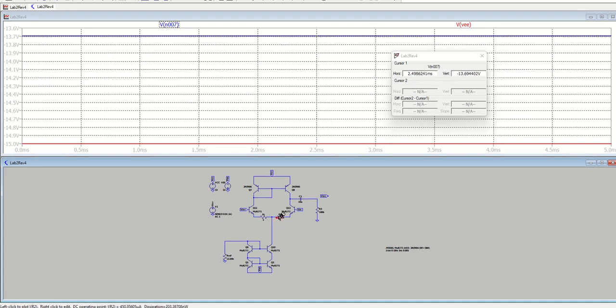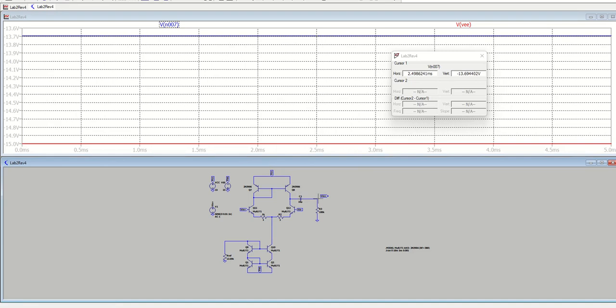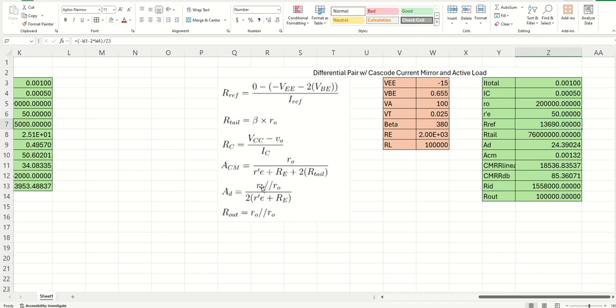And then now we need to figure out what the RE value should be to get a gain of 25. So you could use this formula, but also include the load resistor. So our little RO in parallel with little RO in parallel with RL. And that should get you into a ballpark range.